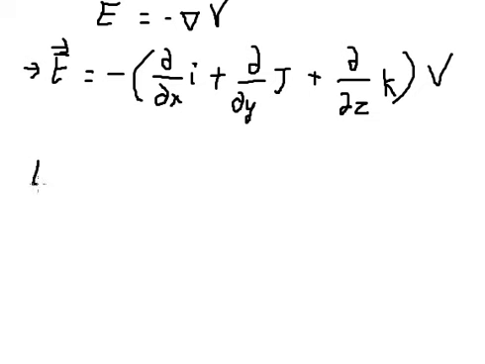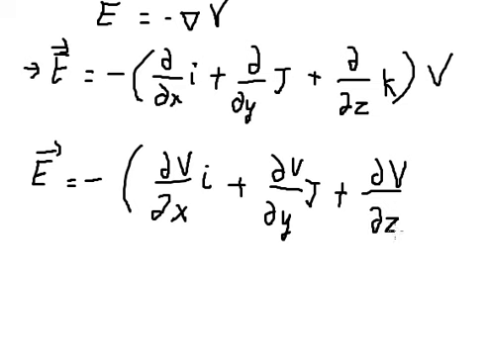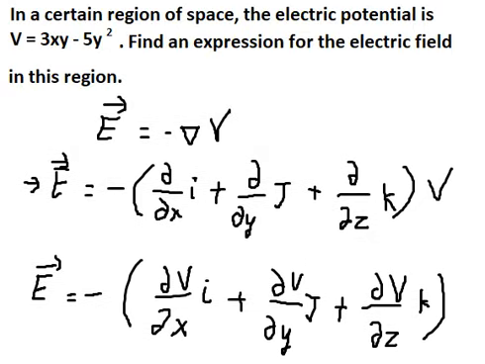So we have electric field equals to negative... So now we need to apply partial differentiation. So we have V in here.